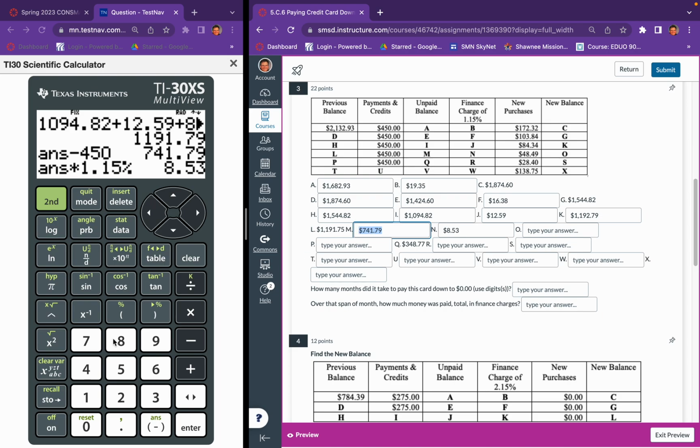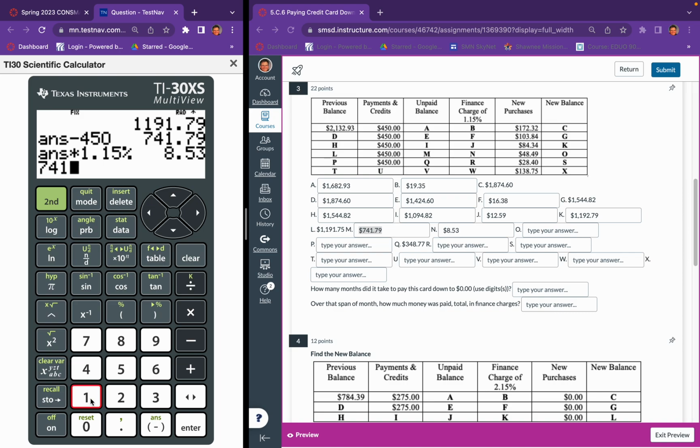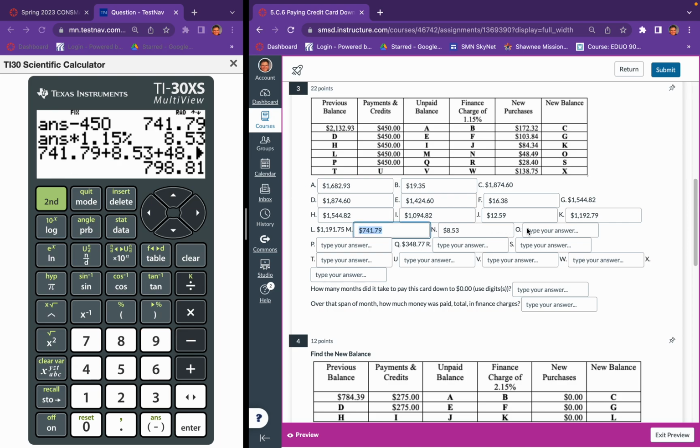Okay, so $741.79. We're going to add it to 8.53, and we're going to add that to 48.49. And that's going to give us $798.81.